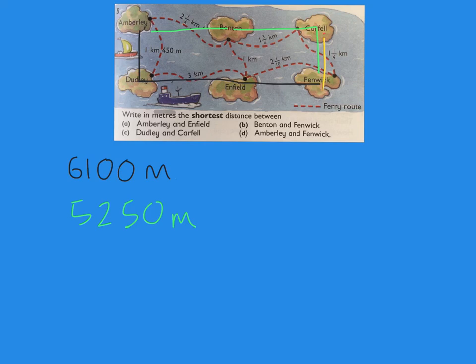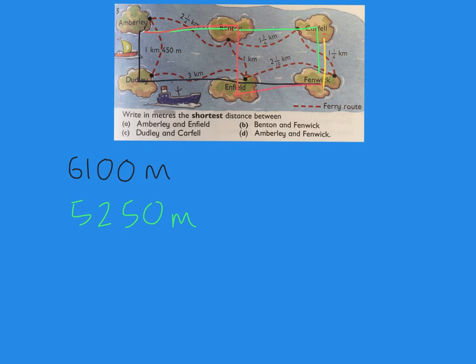Then if I choose another route, a red route, I could go Amberley, Benton, Enfield, Fenwick, and I'll work that out.